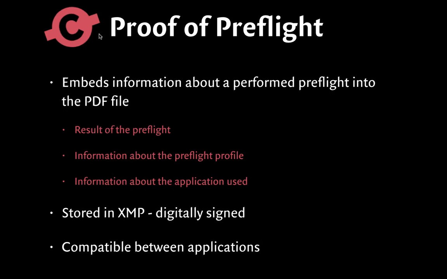You perform that preflight with the preflight profile that you've selected, and then you embed additional information inside of the PDF file so that someone who opens that PDF file later can very easily see information about what happened to that file, how it was preflighted, what the result was of that preflight, what the specific preflight profile was that was used, and even what application was used to perform that preflight.